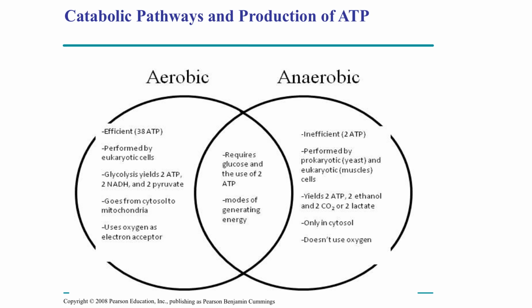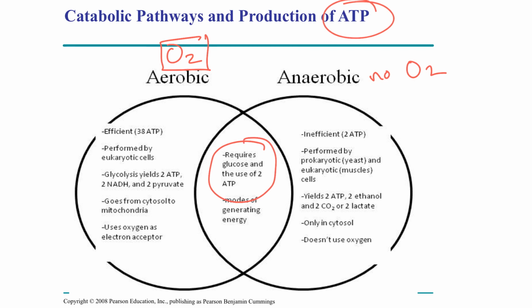But one of the things that we're going to clearly see is there is a big difference in the way ATP is made, guys. ATP can be made aerobically. That means oxygen is required. Or ATP can be made anaerobically with no oxygen. Some of those pathways have some things in common. They both require glucose and an investment of 2 ATPs.